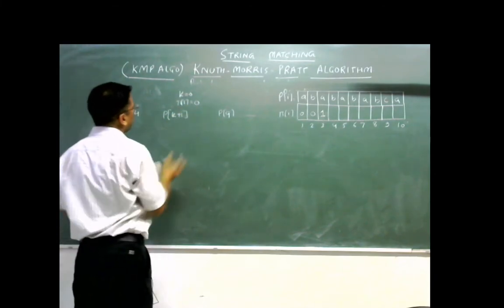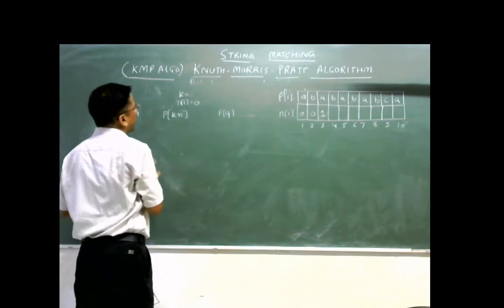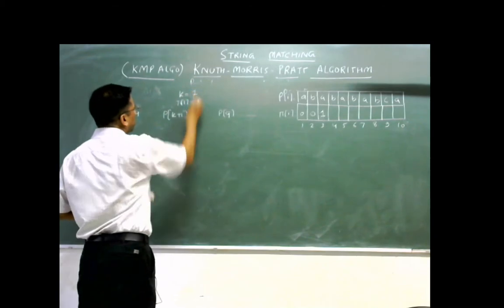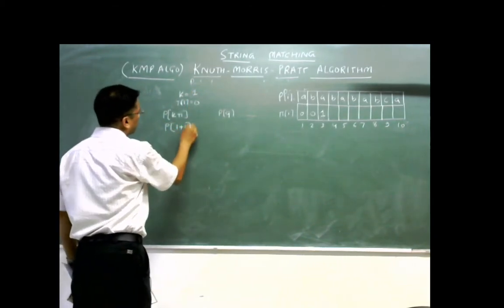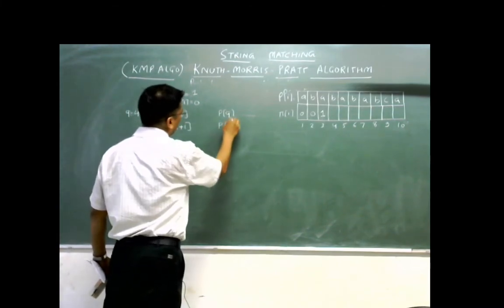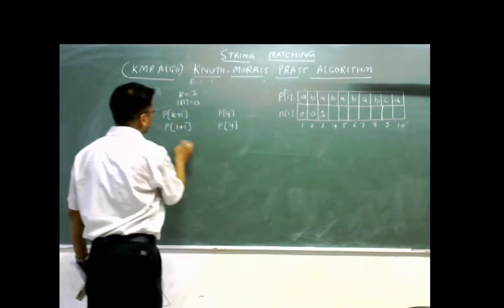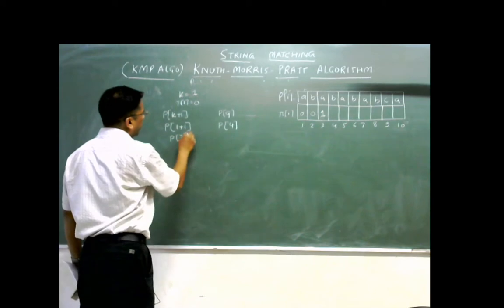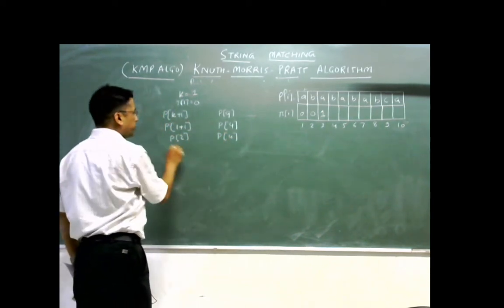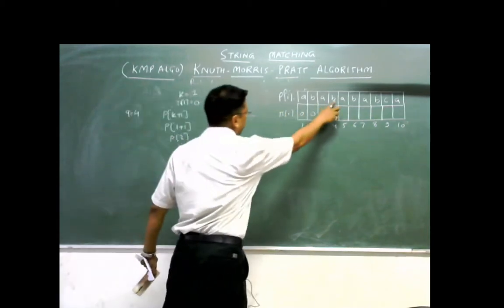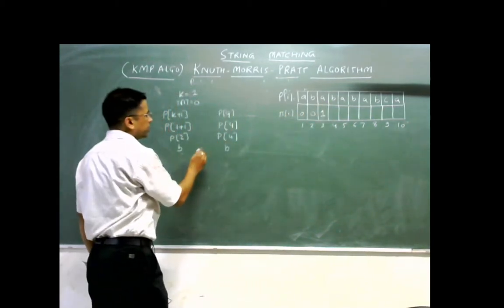Now the k value will be equal to 1, because in the last step k increased by 1, and P(1 plus 1) would be compared with P4. q is equal to 4. So P2 and P4. P2 is equal to B and P4 is also equal to B. So again there is a match.